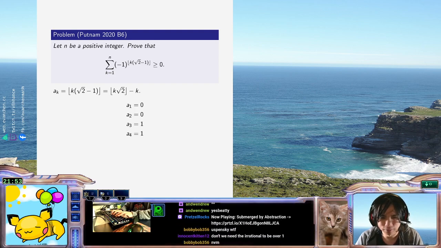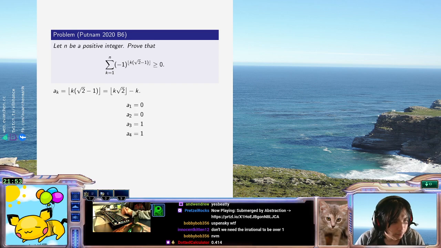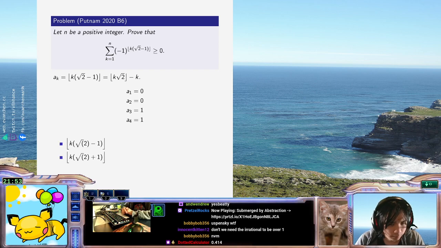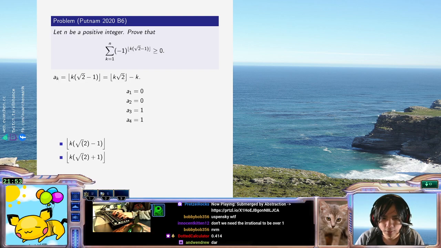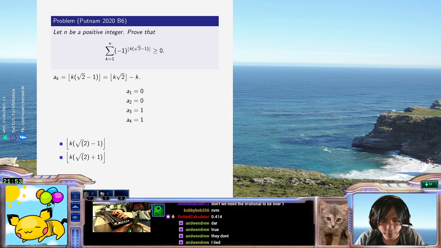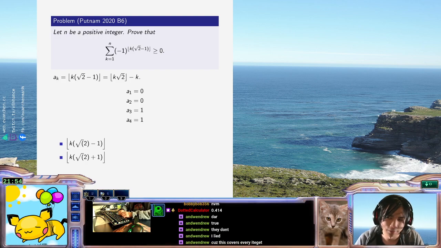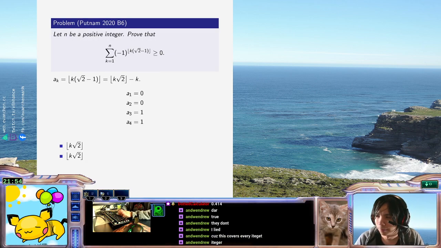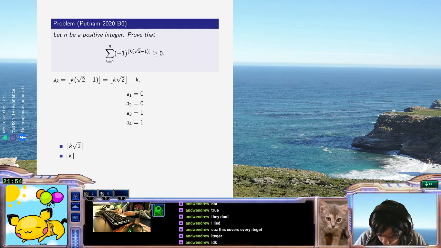Is it this one and the other one? Yeah, I think it's like k square root 2, and well, that was a whole lot of nothing actually. Let's see. Oh no, I'm miscomputing it. K square root 2 and what's the other one?